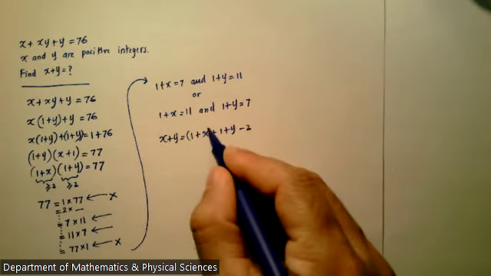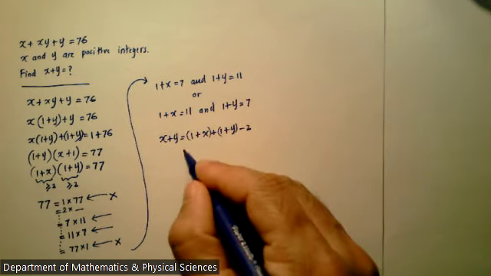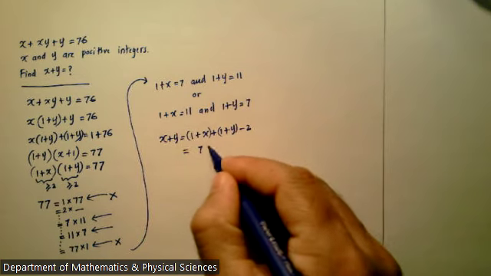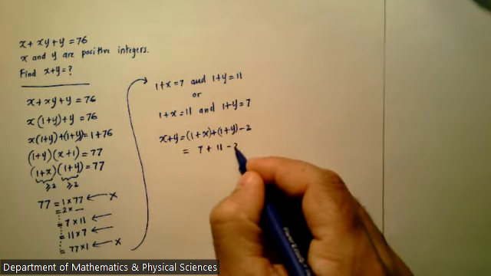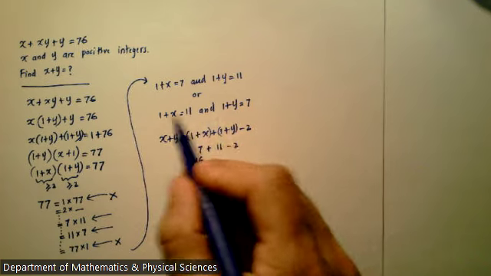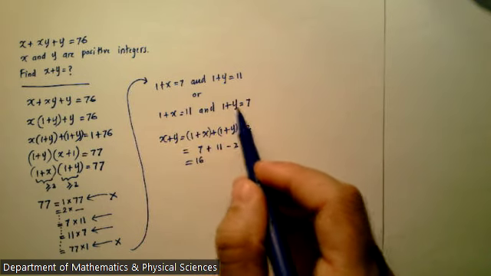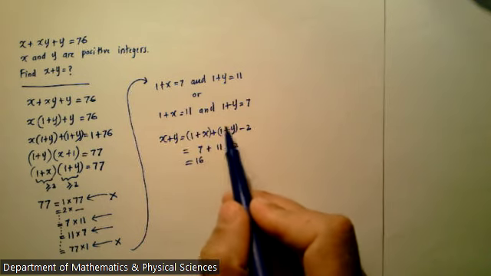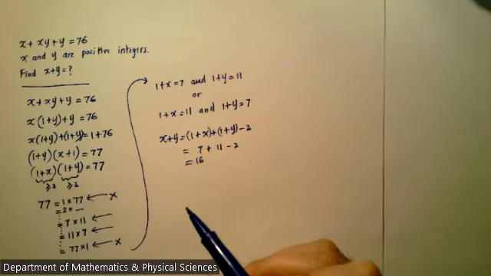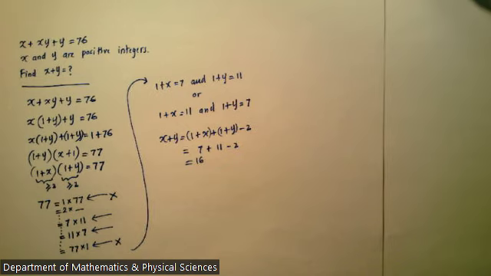And then 1 plus x and 1 plus y, we already know. If we choose this option, 1 plus x is 7 and 1 plus y is 11, minus 2. It will be 18 minus 2, which is 16. If we choose this option, 1 plus x is 11 and 1 plus y is 7. Again, 11 plus 7 will be 18, minus 2 is 16. So either option will give us the same value, 16.